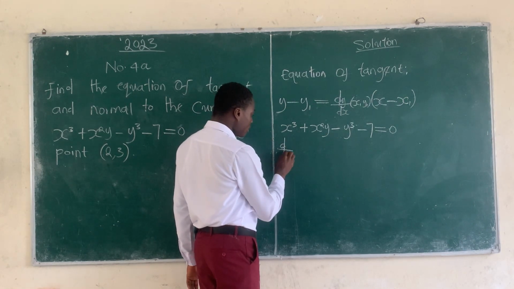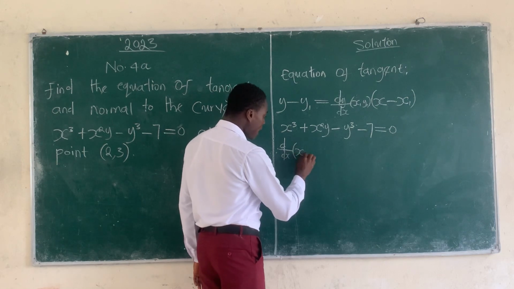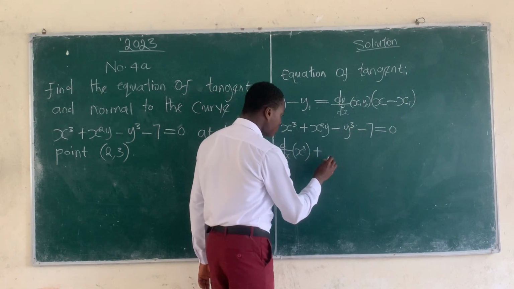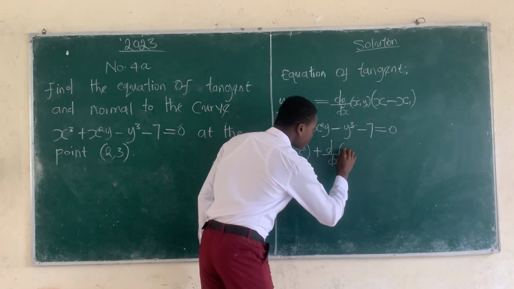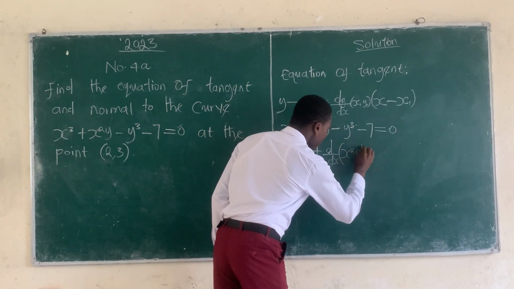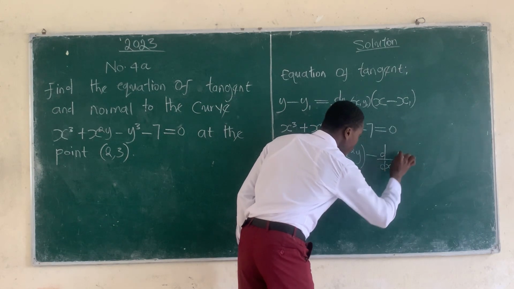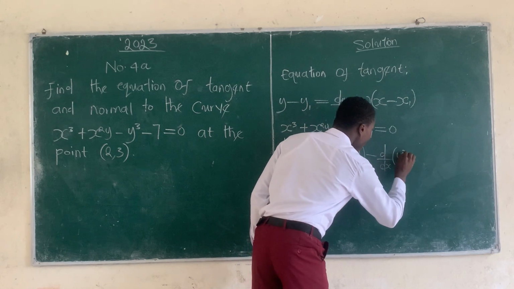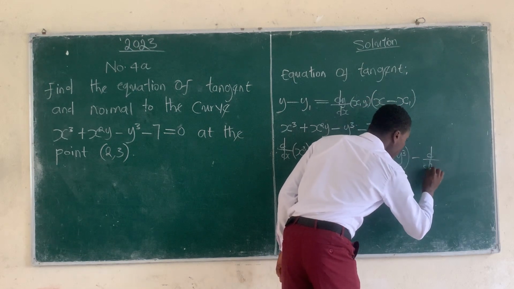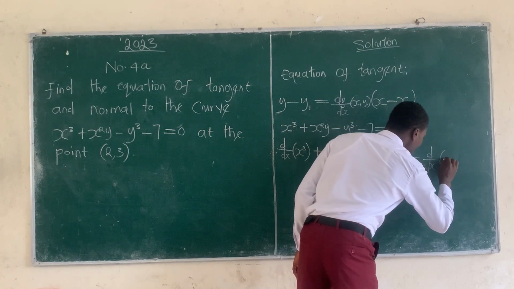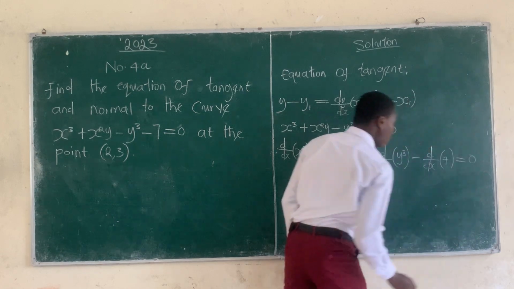Remember, with implicit differentiation you differentiate term by term. We have d dx of x cubed plus d dx of x squared y minus d dx of y cubed minus d dx of 7 equals 0.